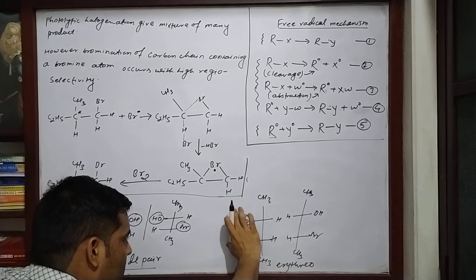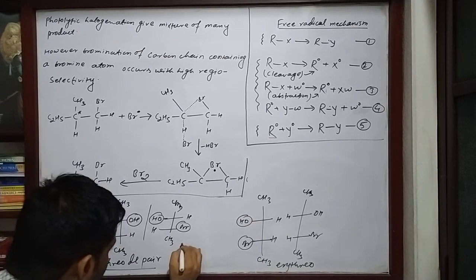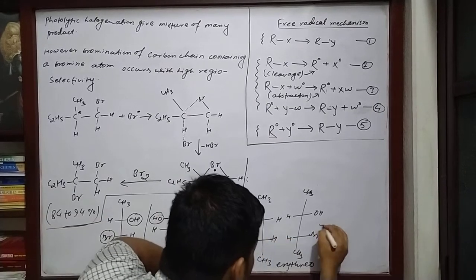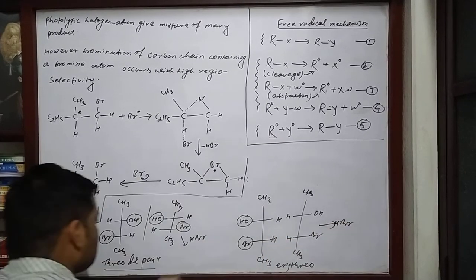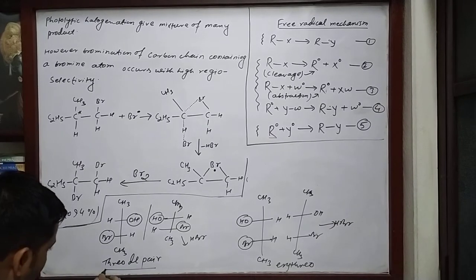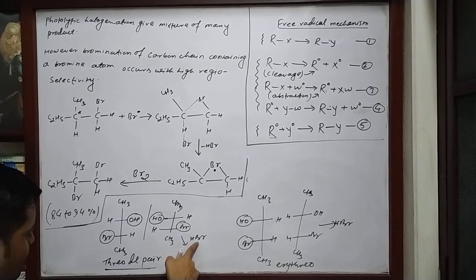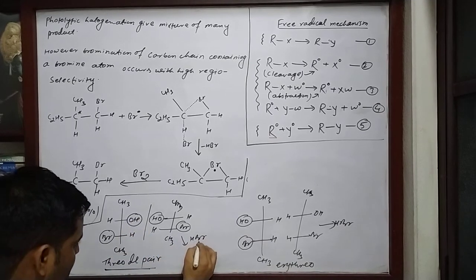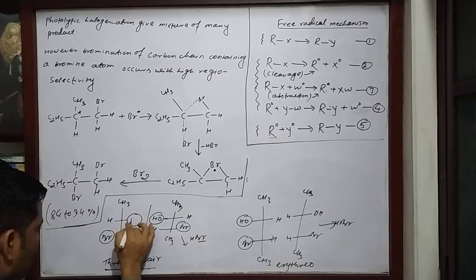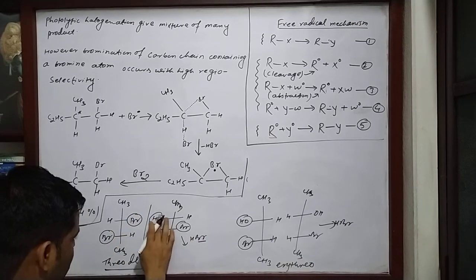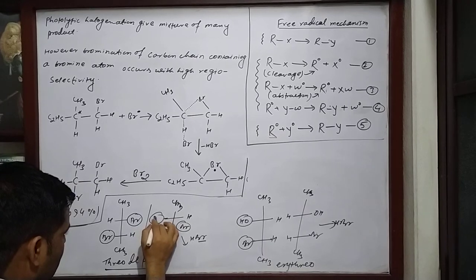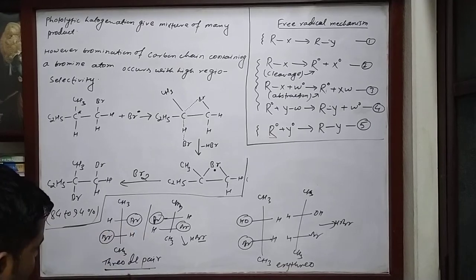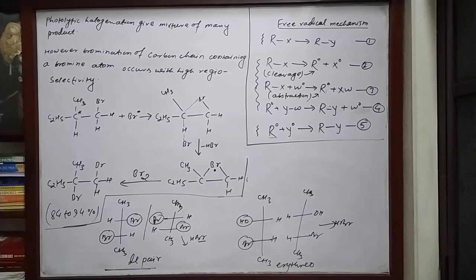In this molecule the groups are on the same side. When we react this molecule with HBr, hydrogen bromide, what happens? The threo DL pair reacts with HBr, and suppose there is nucleophilic substitution where Br substitutes OH. This gives a product that is also a DL pair.